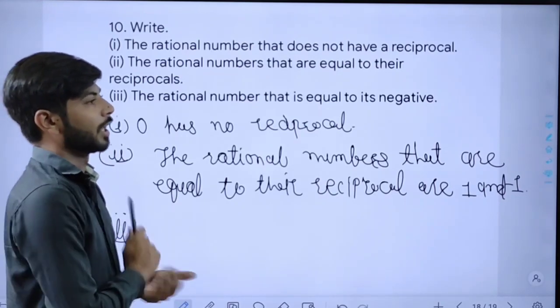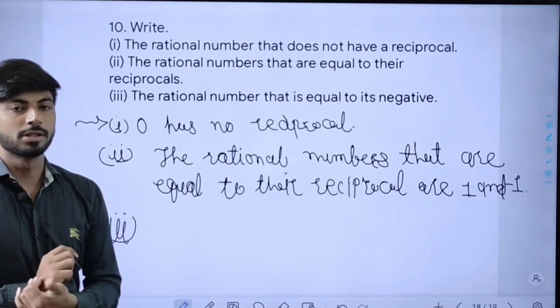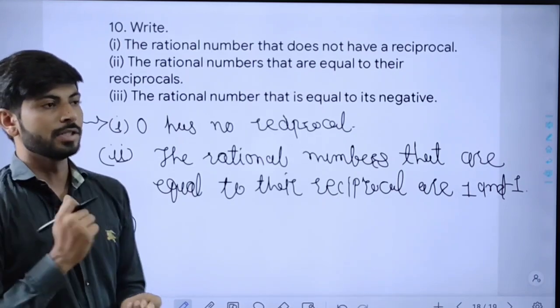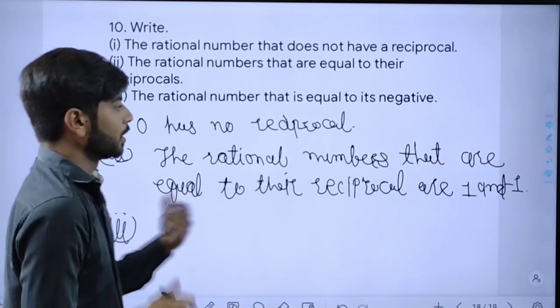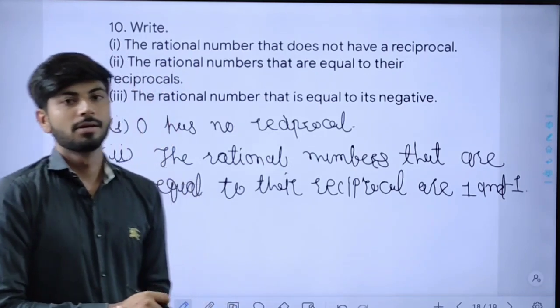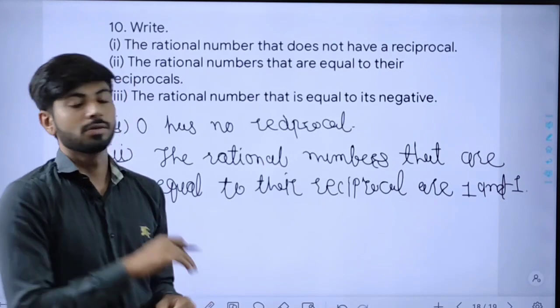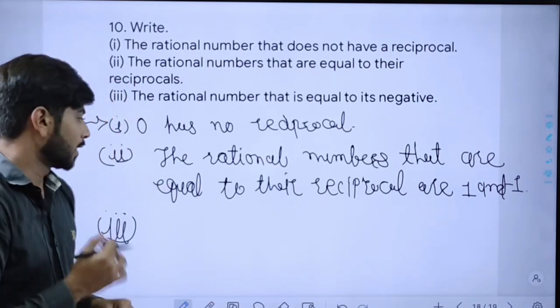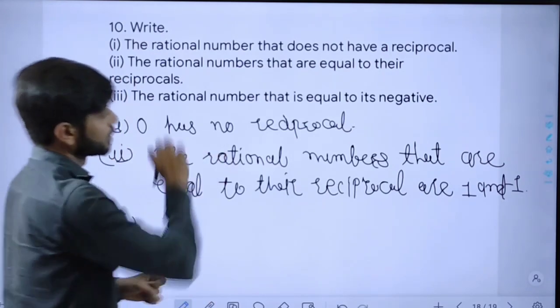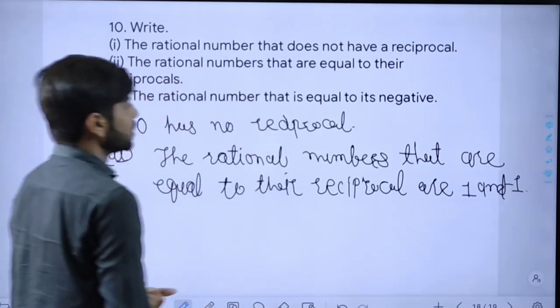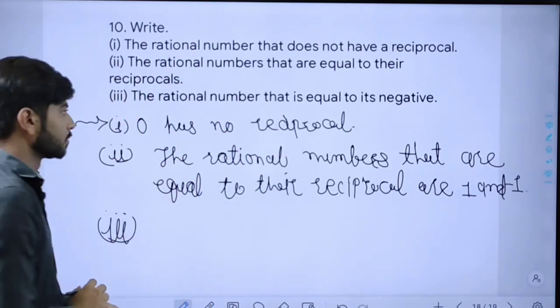If we take any nonzero number and take its negative, we get a different number. But if we take 0 and multiply with a negative sign, we get 0 again, because 0 has neither a positive nor a negative sign. So 0 is the rational number which is equal to its negative.